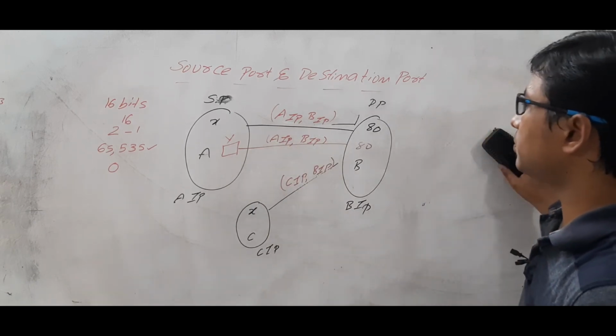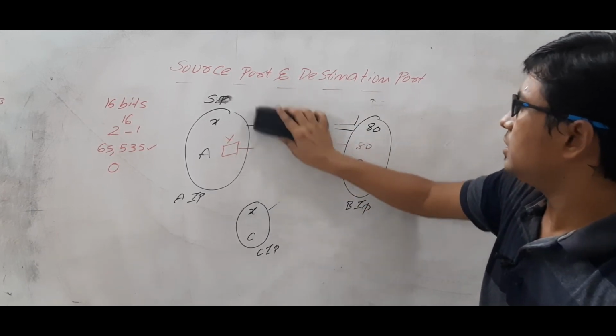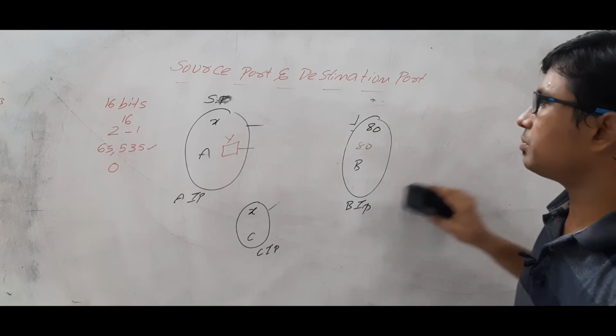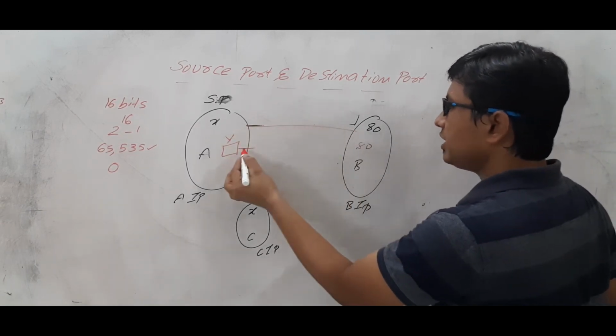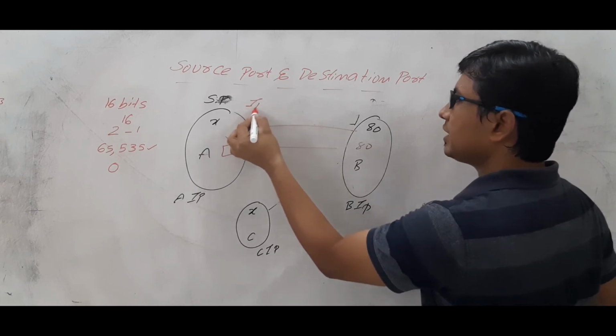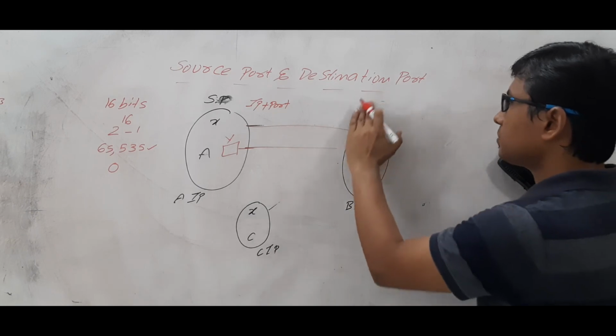So then people thought that instead of using only the source IP, or only the source port number and destination port number, they would use a combination of IP address plus port number. Are you able to understand? Now let me discuss.